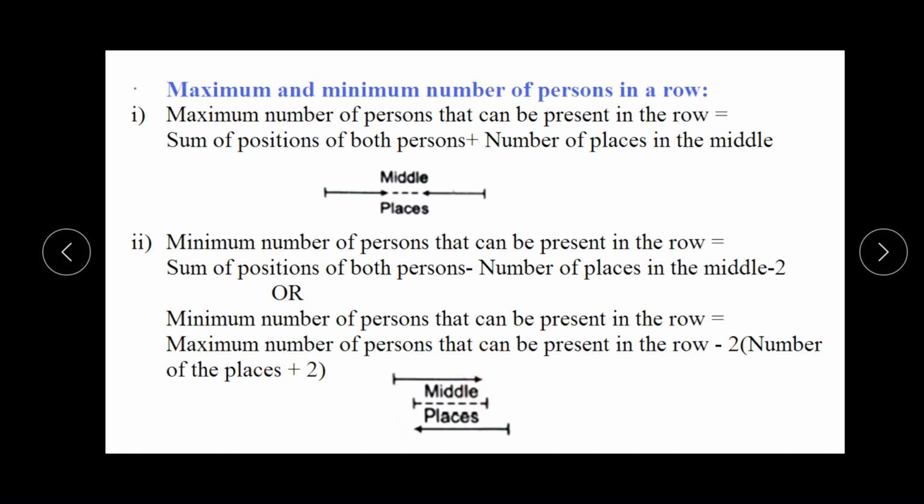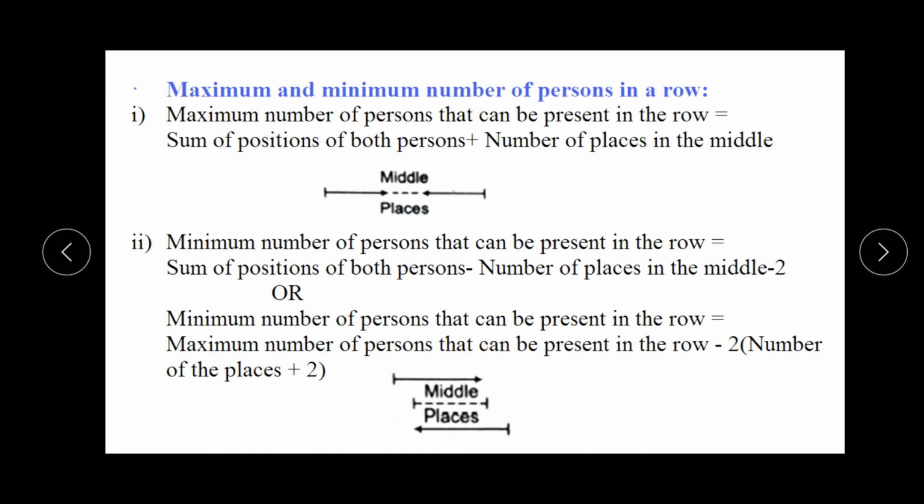Again the same applies to this position, and on the middle persons, these persons are counted twice. And if these persons are counted twice, then what will we do? We will subtract these persons. It means the number of places in the middle we will subtract, and 2 for the left one and the right one.